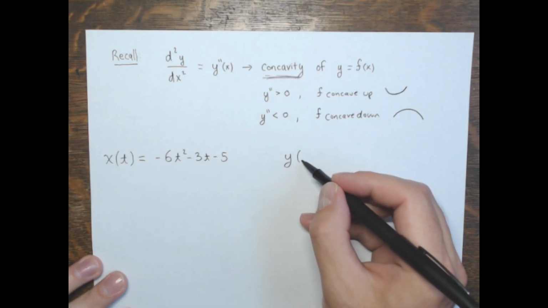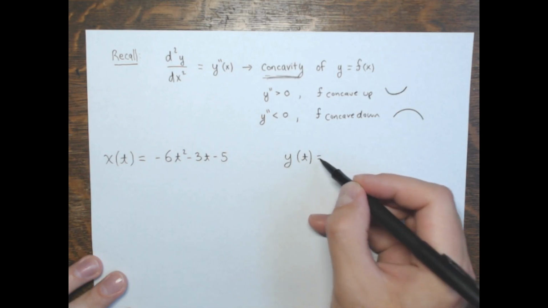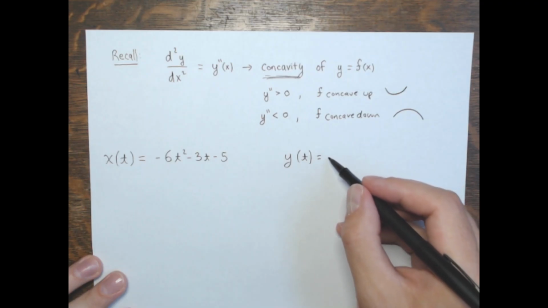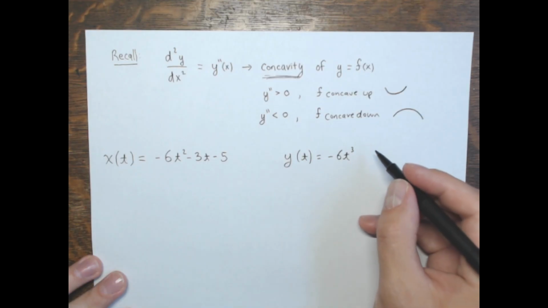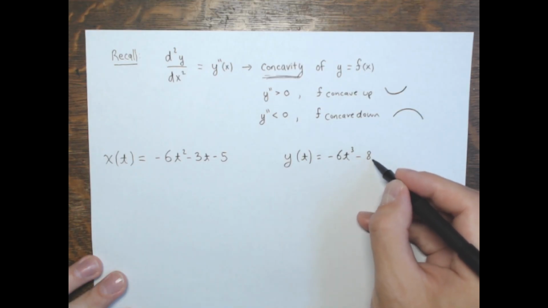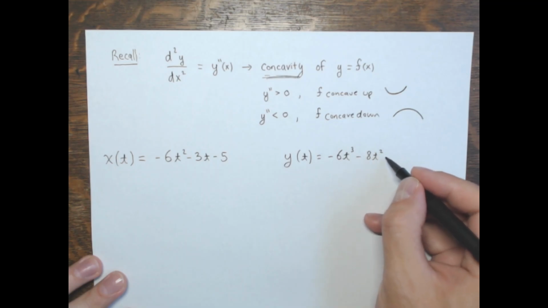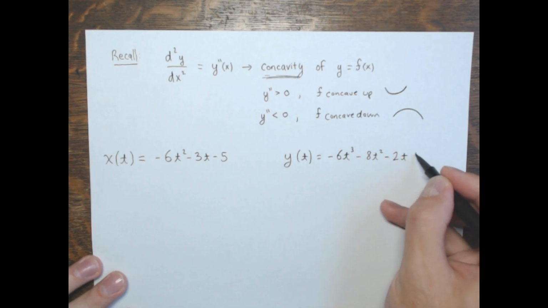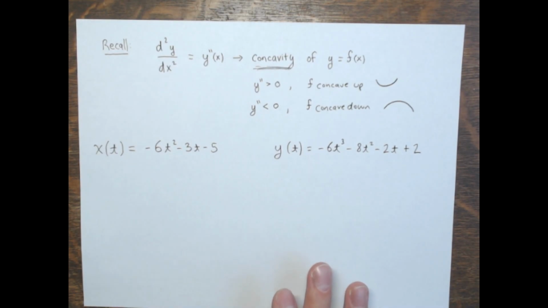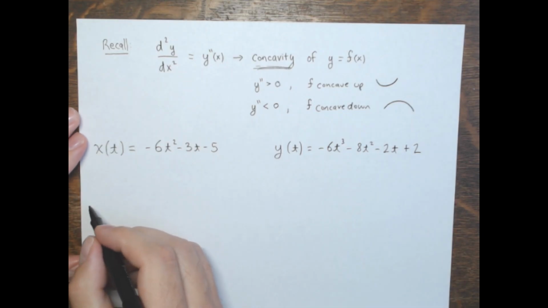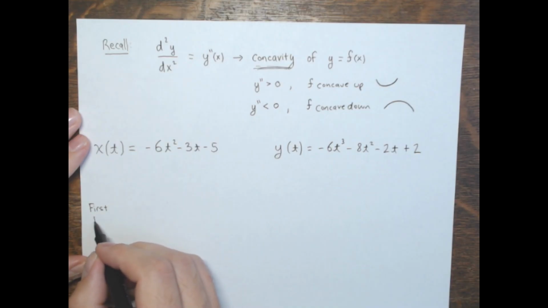And y of t, the y coordinate, depends on t the following way: negative 6t cubed minus 8t squared minus 2t plus 2. There. So to get to the second derivative, you need to find the first derivative initially, right? So let's go for the first derivative.